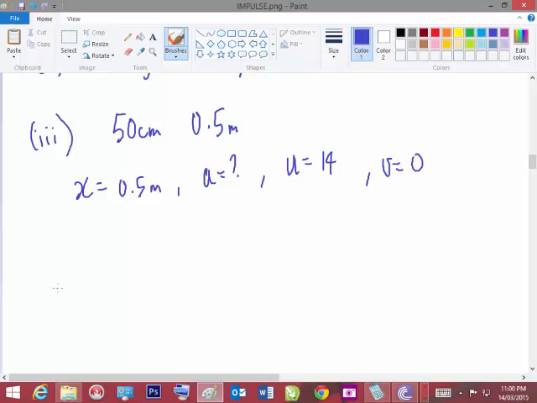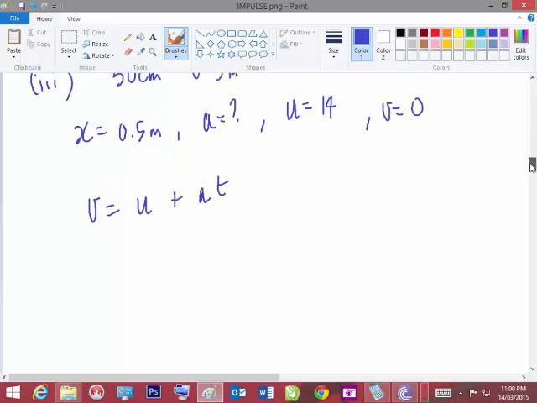So we use one of the equations of motion. So we've got v equals u plus at. v is equal to 0, u is equal to 14. Actually, we don't know time, so we can't use that equation.